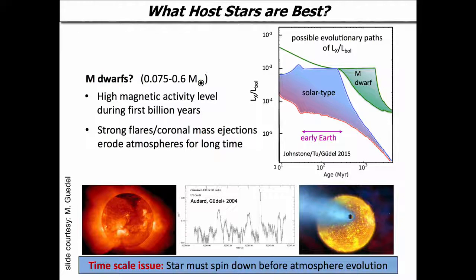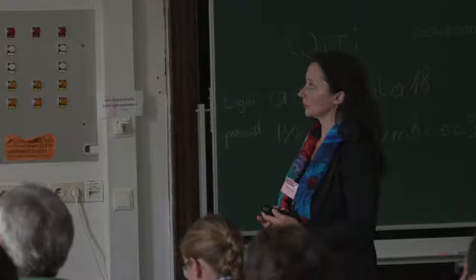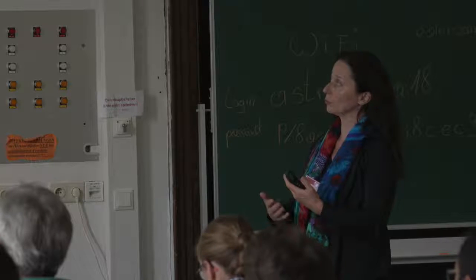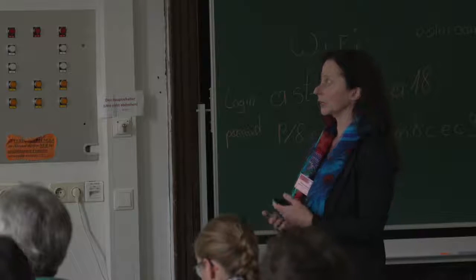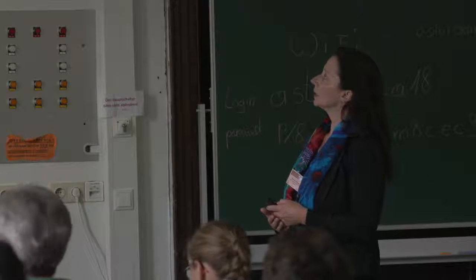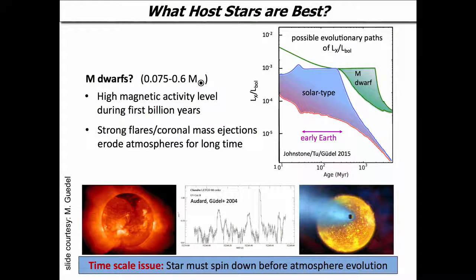They decline very steeply. And we just don't know at all how this high magnetic activity level during the first billion years affects a planetary atmosphere, if it can stay livable or not. Or if it can evolve later. It sounds unlikely to me, and we don't know how these harsh conditions really affect the planets around them in the end, and the atmospheres.